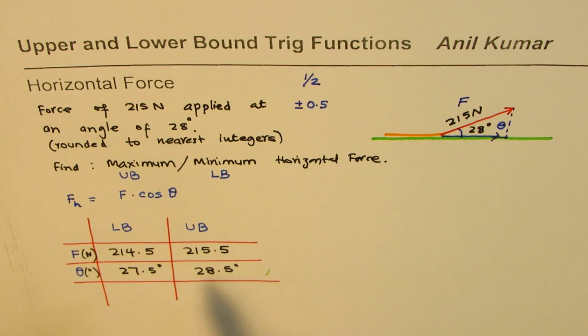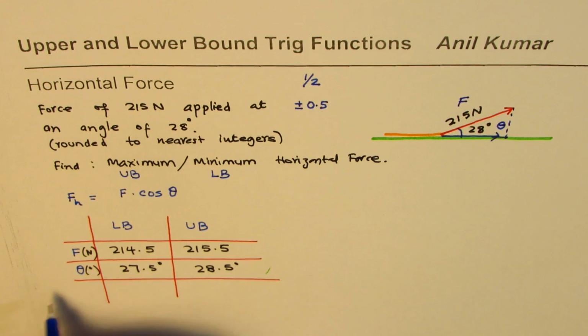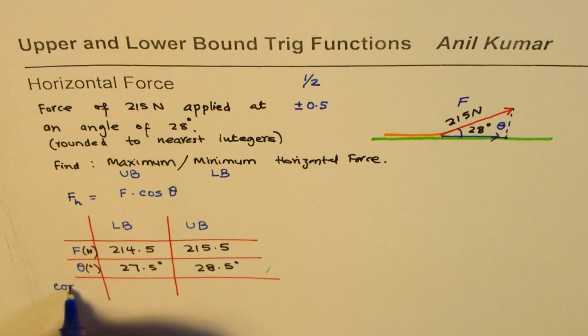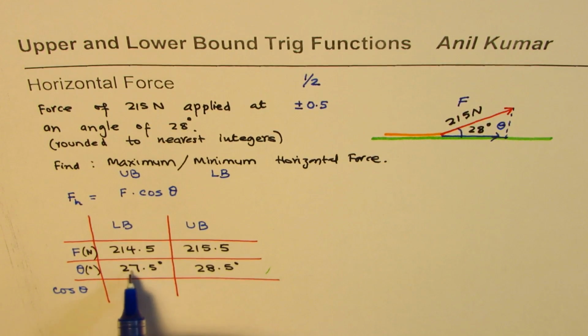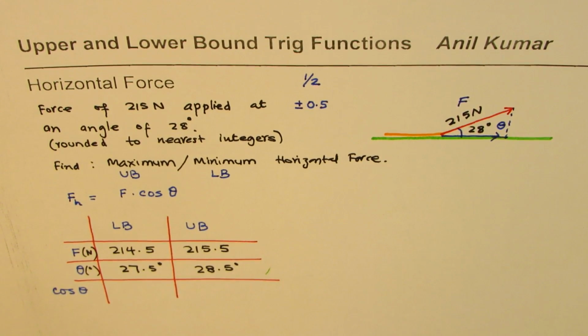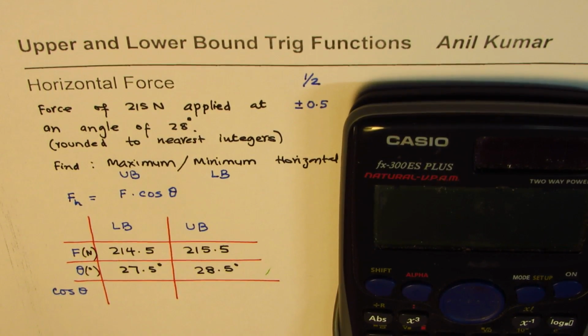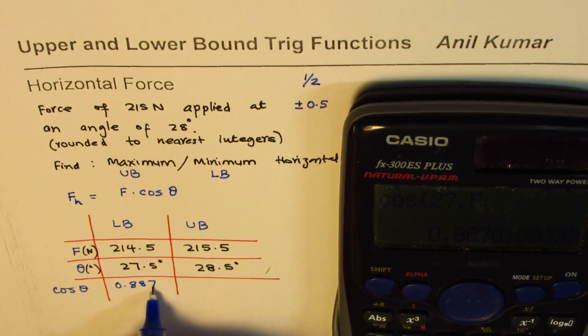The other way of checking is we should calculate the value, right? So let us find the cos theta value for both. What is the cos of 27.5 and what is the cos of 28.5? Let's find the cos values. If I write cos of 27.5, I get 0.8870.